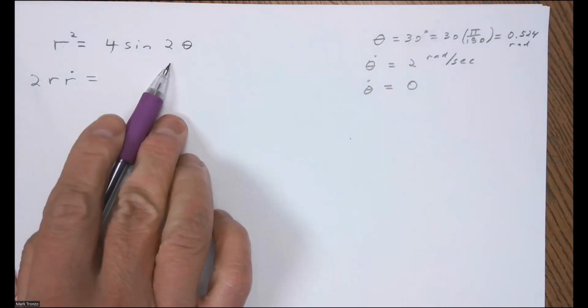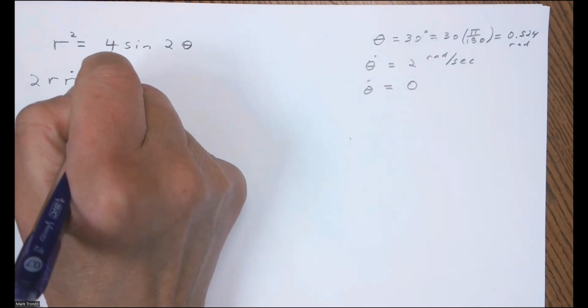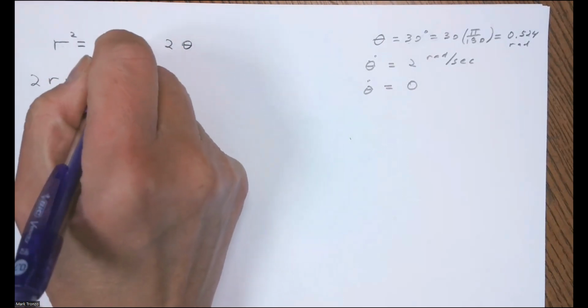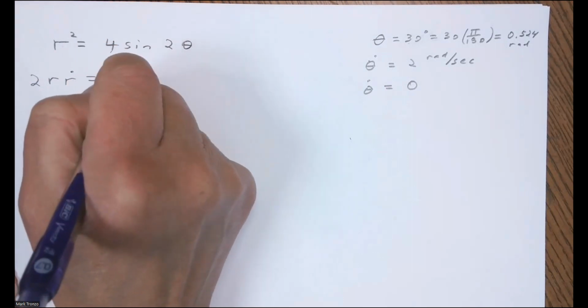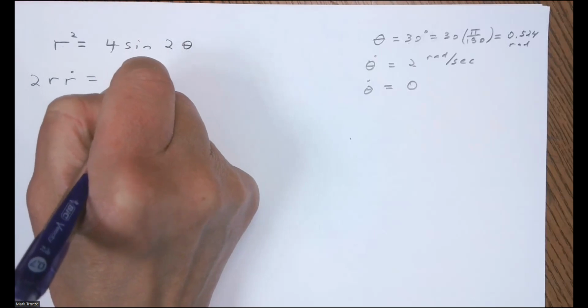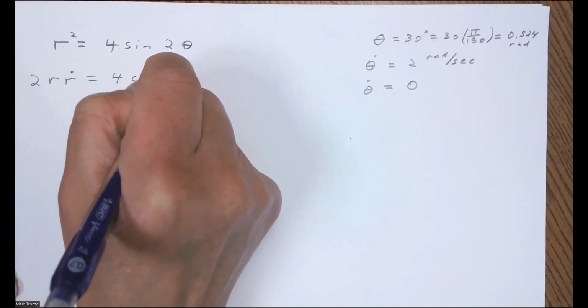On the right, the derivative with respect to time is going to be 4, and then of course bring the 2 forward. Well, let me hold that off just a second. Let me make this cos 2 theta.